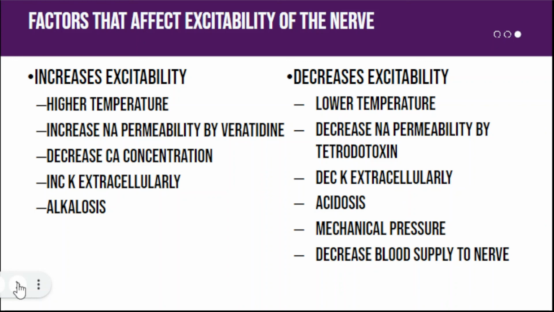But if you lower the temperature, or if you are bitten by a snake with tetrodotoxin, what will happen? Sodium permeability will decrease. So when there is no action potential, there is also no action of the muscles, because the action potential is what makes them move, di ba? That is where information travels. So what will happen to these patients?